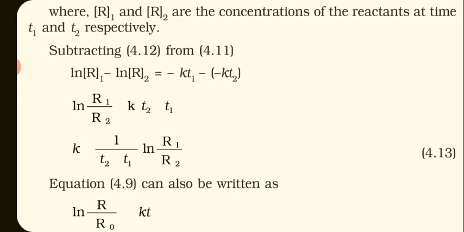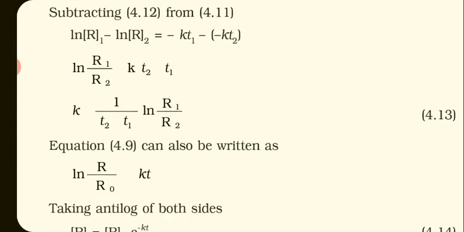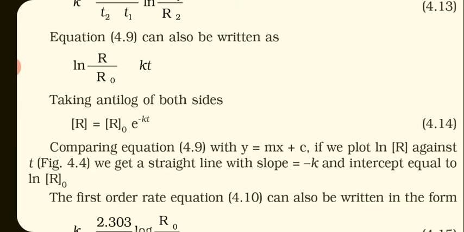So natural log R1 upon R2 is equal to k in bracket t2 minus t1, or k is equal to 1 upon t2 minus t1 natural log R1 upon R2.